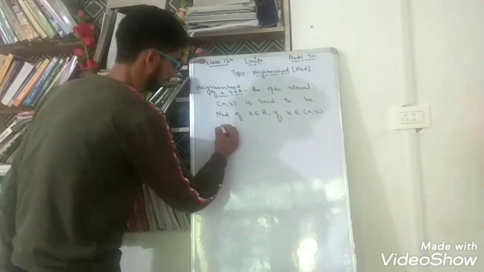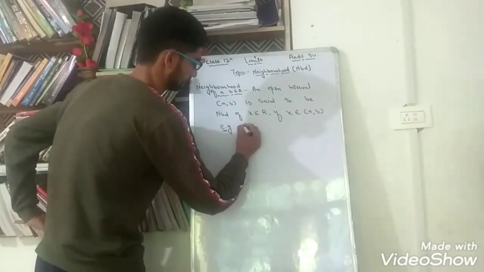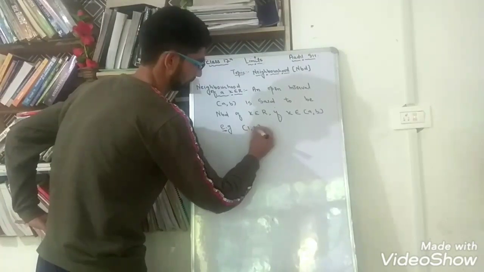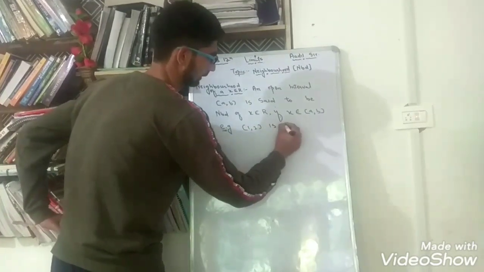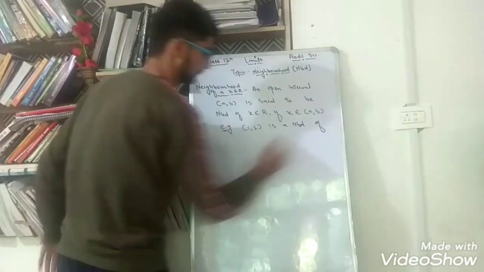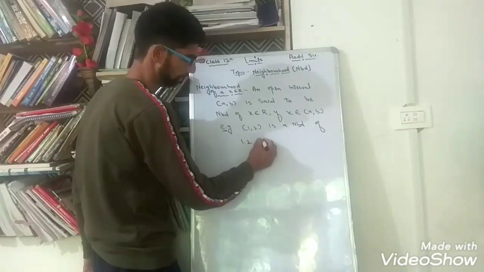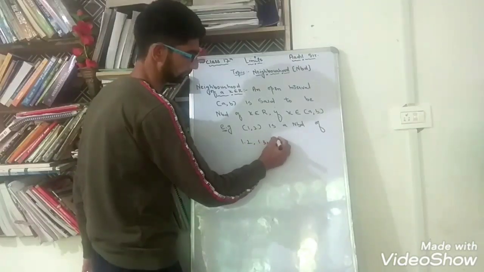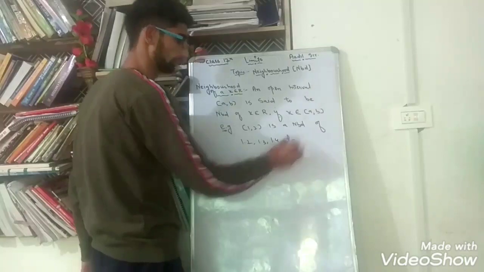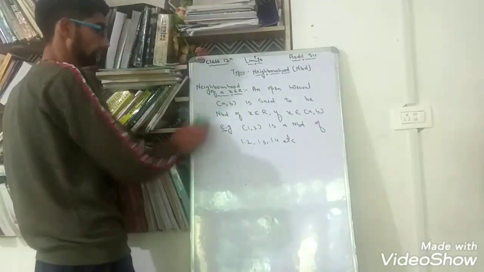For example, what I said just now, (1, 2) is a neighborhood of 1.2, 1.3, 1.4, etc. This is our definition of neighborhood.